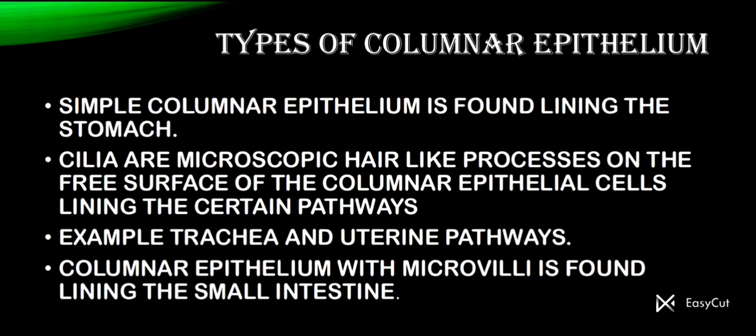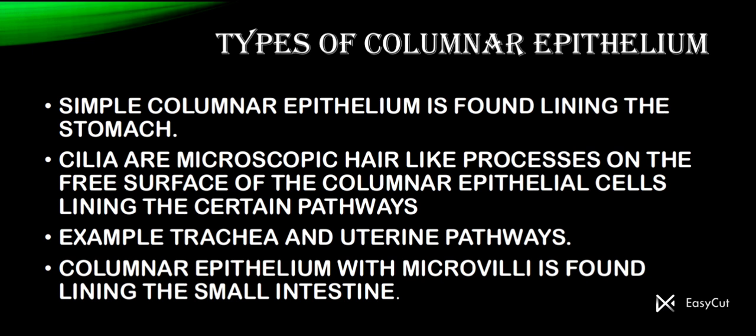Where is ciliated columnar epithelium present? It is present lining the trachea and uterine tubes. What is the function of ciliated columnar epithelium? It helps with movement. Then the third type of columnar epithelium is columnar epithelium with microvilli.